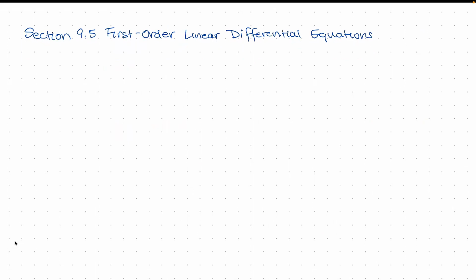Okie dokie, so our topic for today is first order linear differential equations. This is not a topic for the AP exam, but I still like it, so we're doing it.